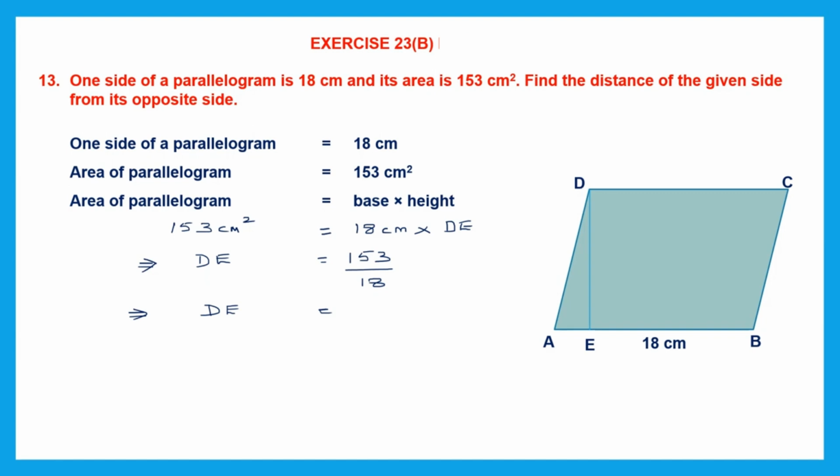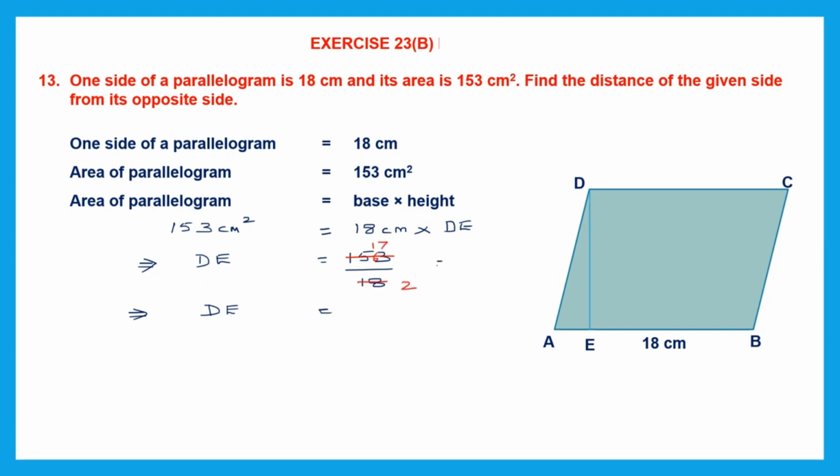Now there are two ways you can do this. One, you can do direct division. 153 you can divide it by 18, or you can reduce this to the lowest term if it is possible. Now here it is possible. Both are divisible by 9. So let's reduce it. So this will become 9 ones are 9 and this is 15. So 15 minus 9 is 6. So 63. So that is 9 sevens are 63 and 9 twos are 18.